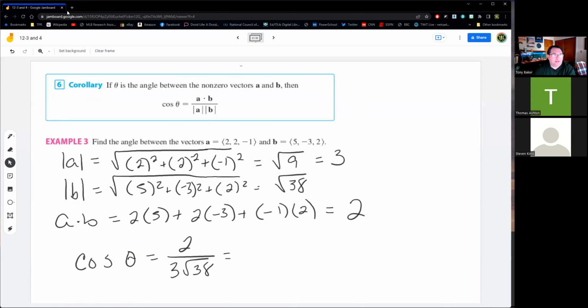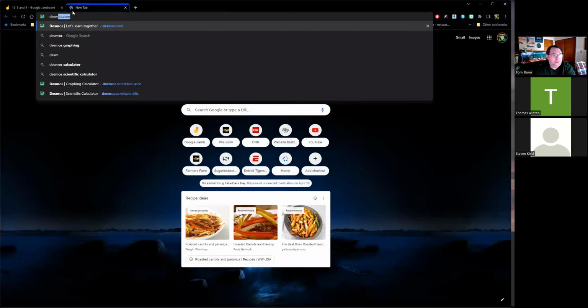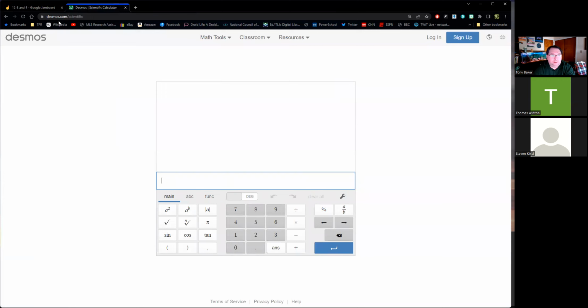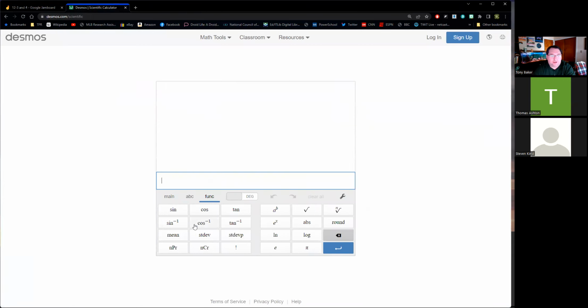Now, how do we find the angle given that? We would have to solve for the arc cosine. Exactly. So we're going to use arc cosine of 2 divided by 3 square root 38. So the angle ends up being approximately 84 degrees. So 83.8 degrees.